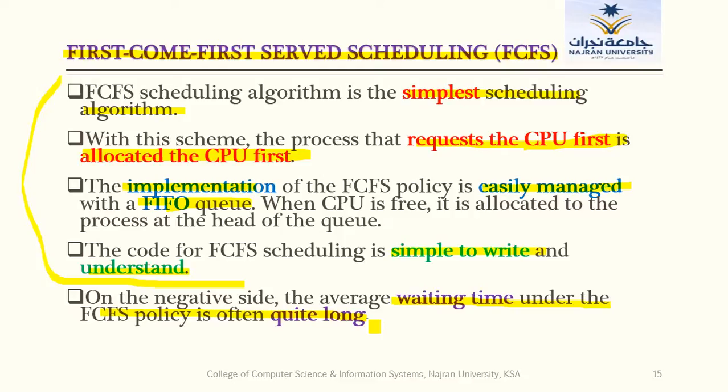And in choosing the best scheduling algorithm, we have to minimize the waiting time. But here there is the problem that waiting time under this policy is long. So this is one disadvantage of the first come first serve algorithm.